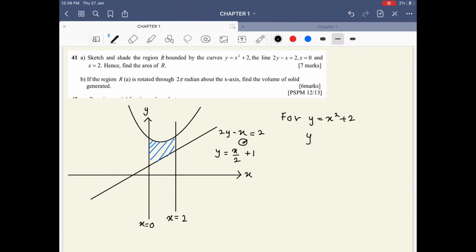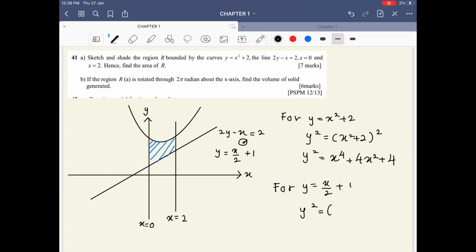So for y equals x squared plus 2, y squared becomes x squared plus 2 bracket squared. So if we expand that, we get x to the power of 4 plus 4x squared plus 4. And then the next one is for y equals x over 2 plus 1, y squared becomes x over 2 plus 1 to the power of 2.